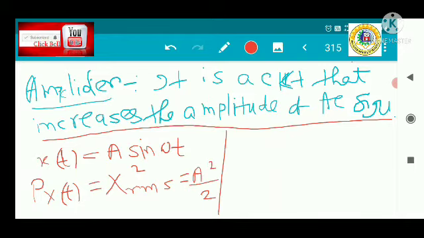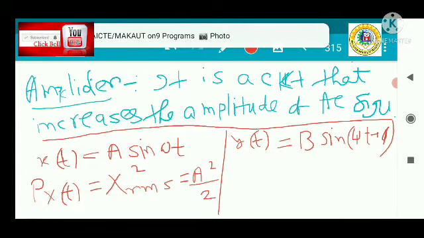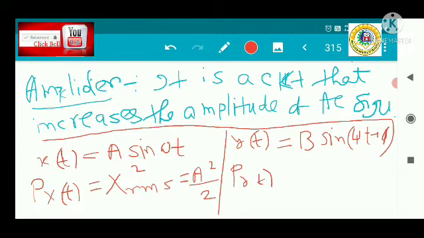There is another signal, suppose y(t), represented by B sine(omega t plus phi), and if you calculate the power of this signal, P_y, then you will get B square divided by 2.